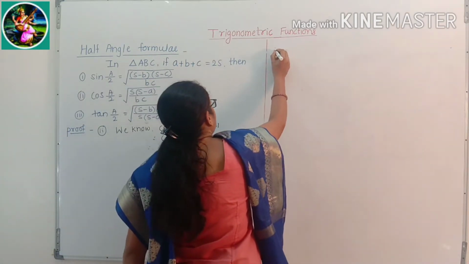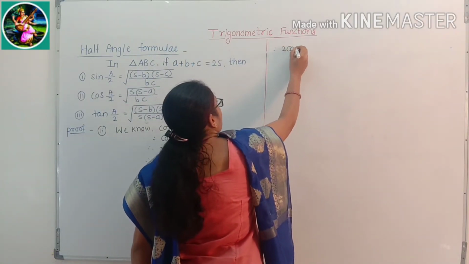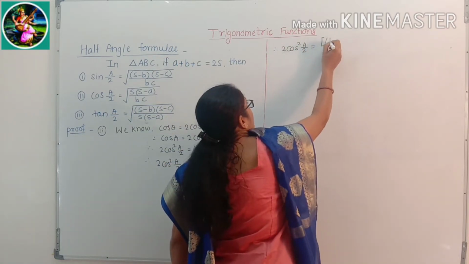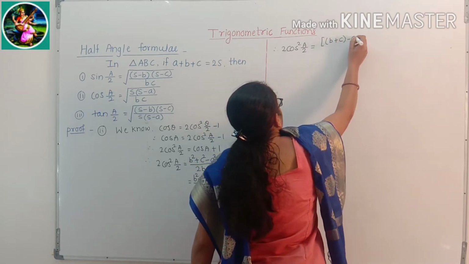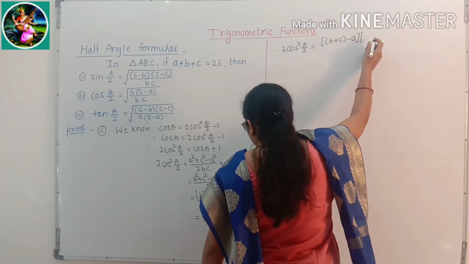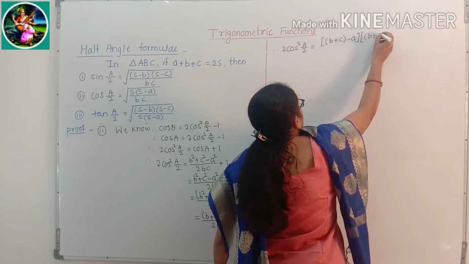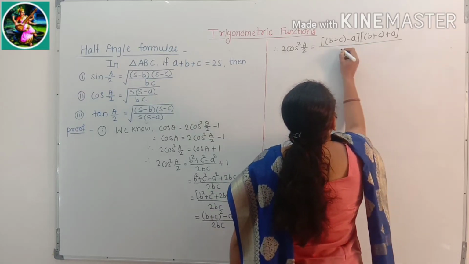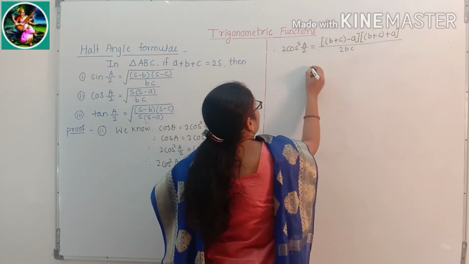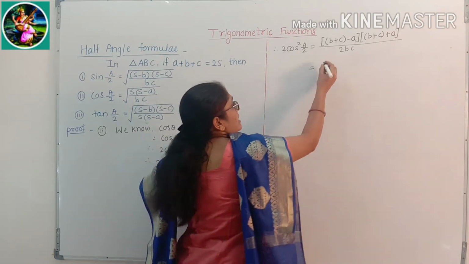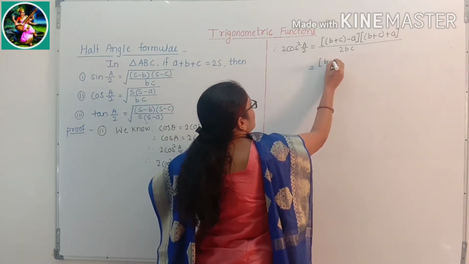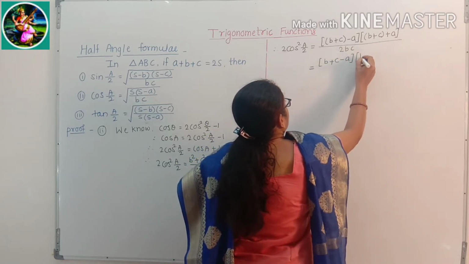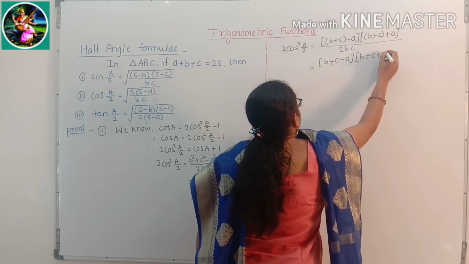Therefore, here we write 2 cos square A upon 2 is equal to (b plus c minus a) into (b plus c plus a), this divided by 2bc as it is. We solve the brackets: here we get b plus c minus a, and in another bracket b plus c plus a.